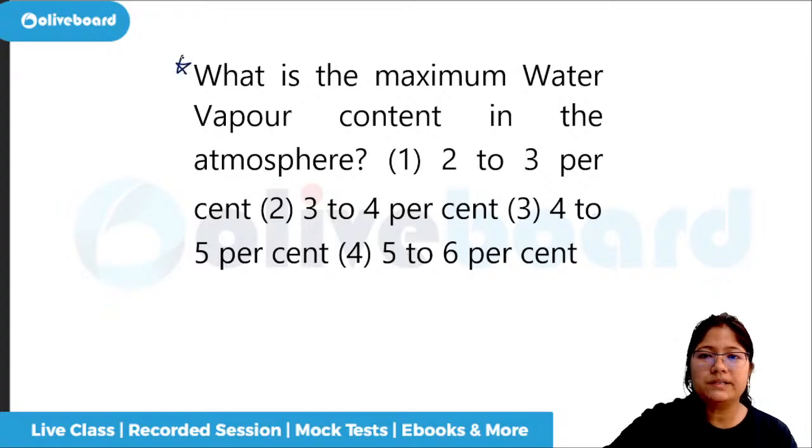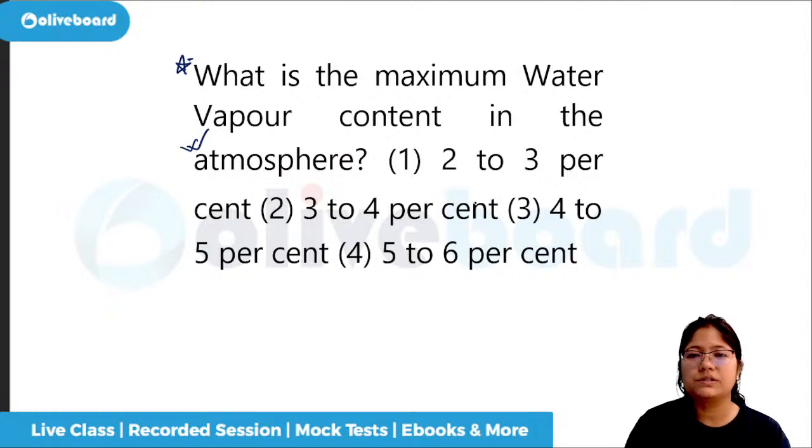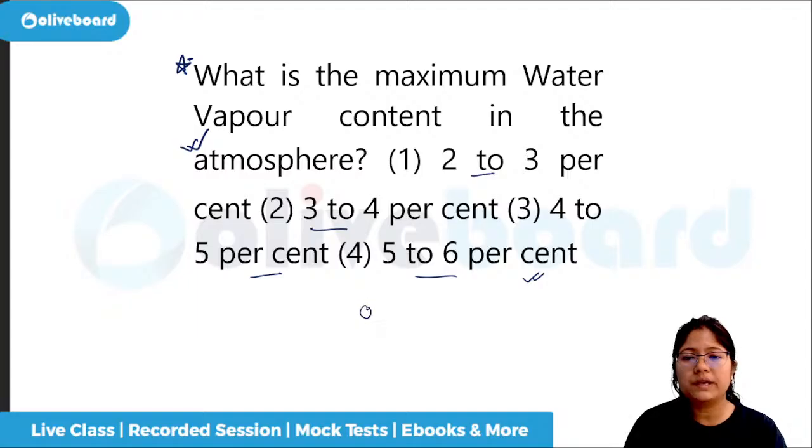Next question, what is the maximum water vapor content in the atmosphere? 2 to 3%, 3 to 4%, 4 to 5%, or 5 to 6%. The maximum CO2 is 0.03% to 0.04%.